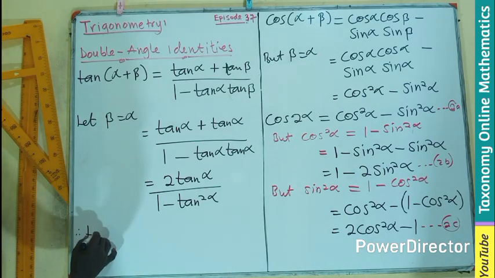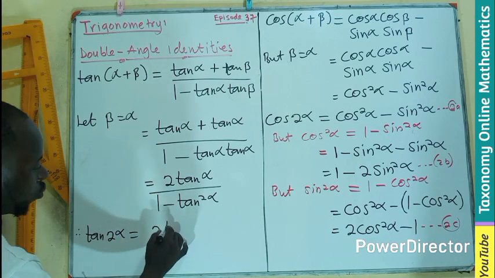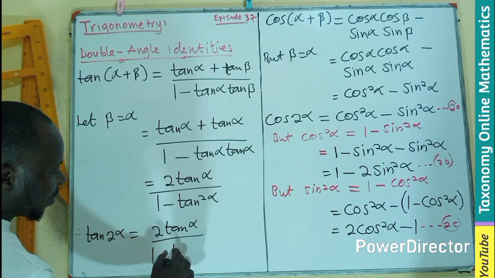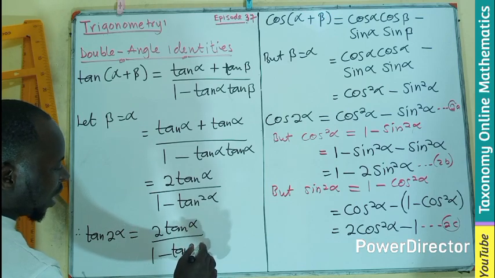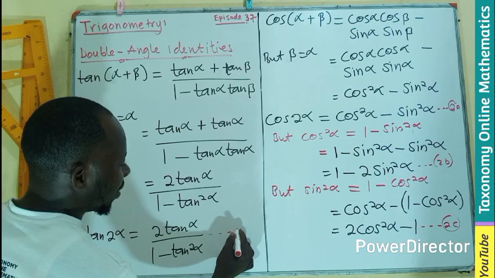Therefore the tan 2 alpha becomes 2 tan alpha over 1 minus tan square alpha. So this will give us the third identity.